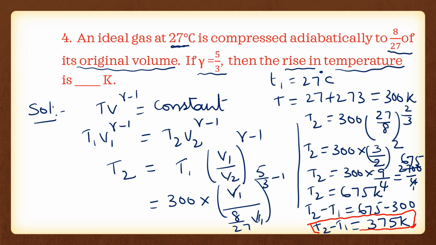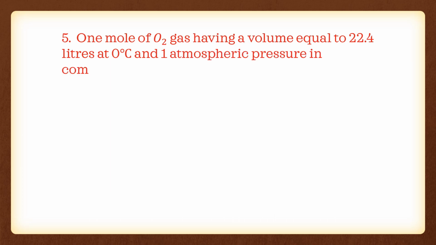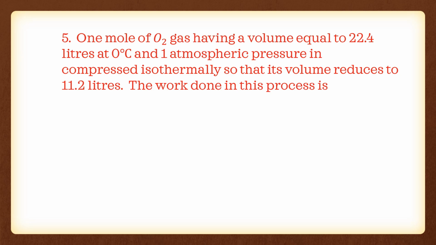Okay. Next, let us go to the next question. That is the fifth question. 1 mole of oxygen gas having a volume equal to 22.4 liters at 0 degree centigrade and 1 atmospheric pressure is compressed isothermally so that its volume reduces to 11.2 liters.